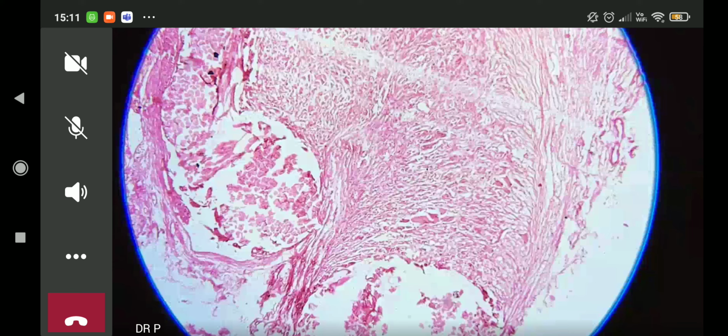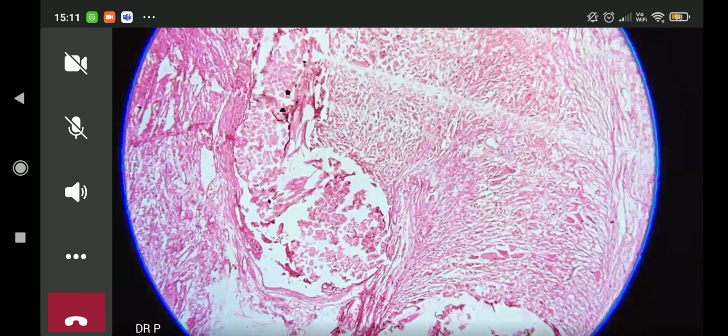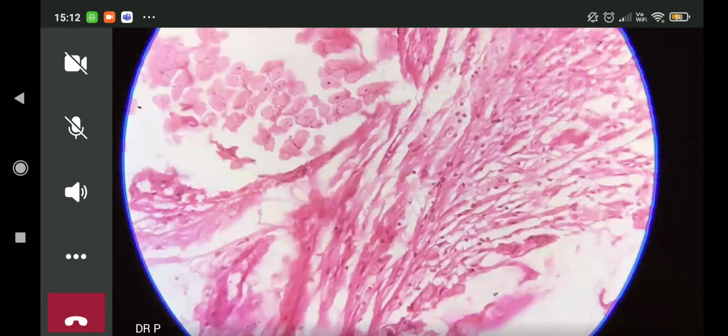Okay, fine. So over here, children, you can appreciate that there are multiple granulomas with inert substance in the middle, and this is nothing but suture material. So this is the foreign body granuloma.